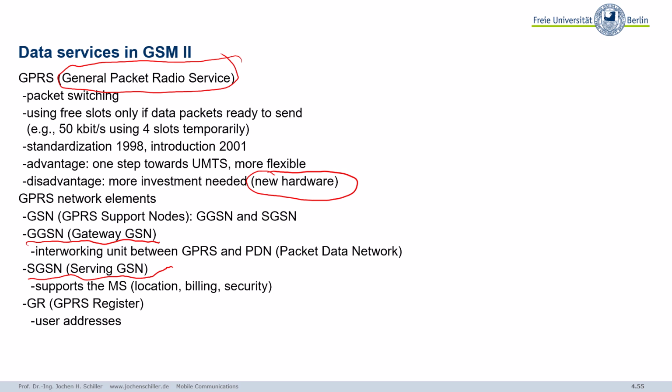Think of the internet and the new GPRS network. And you need some more of these devices supporting the mobile station for, well, managing the location, billing, some security issues. And then we have a register, a GPRS register, that stores the user addresses, the IP addresses of mobile phones. I will come back to the architecture in a minute.